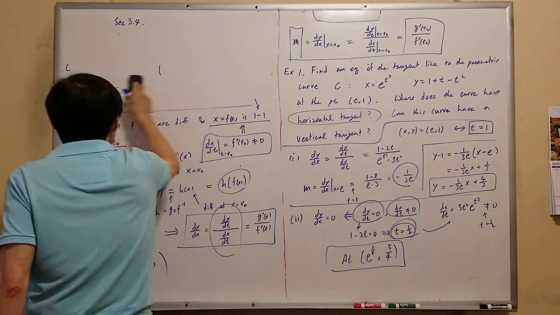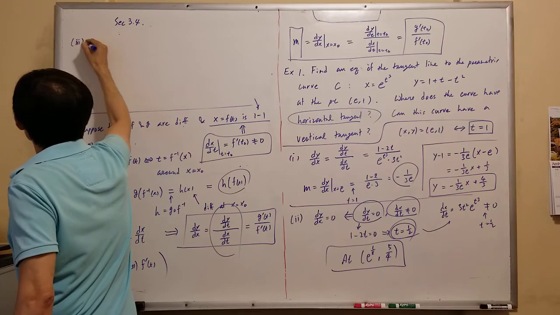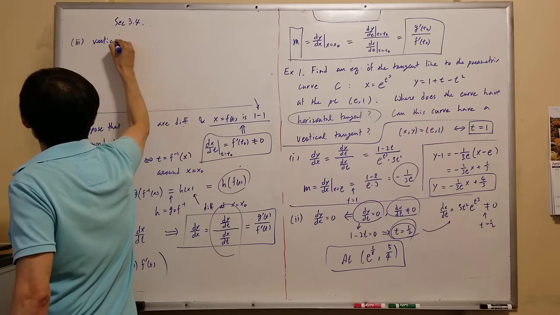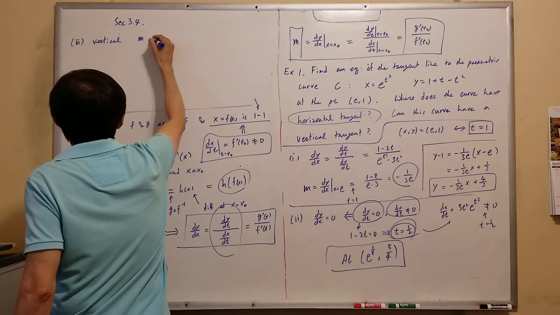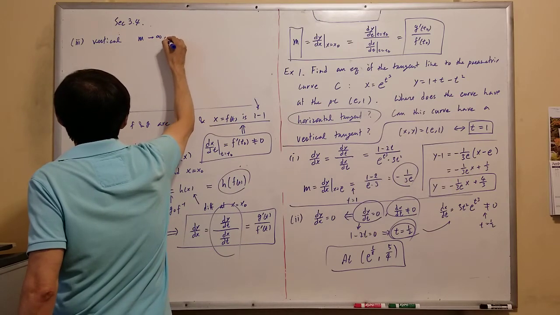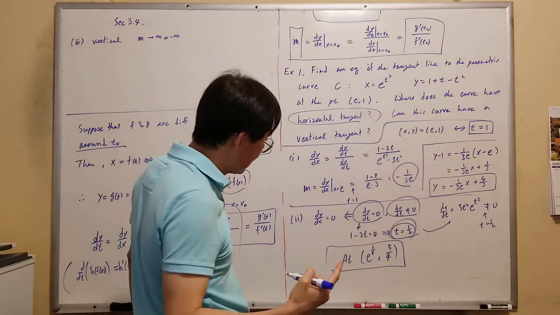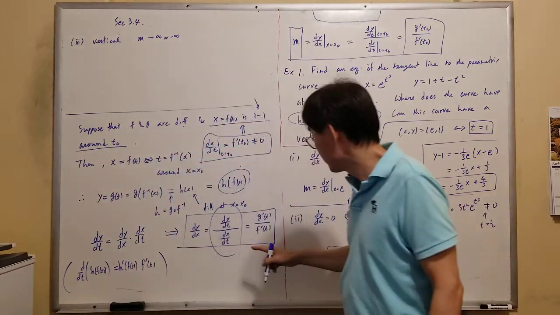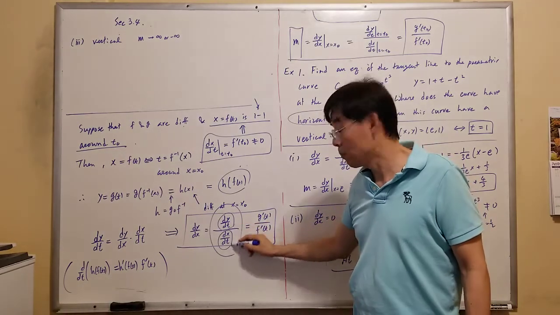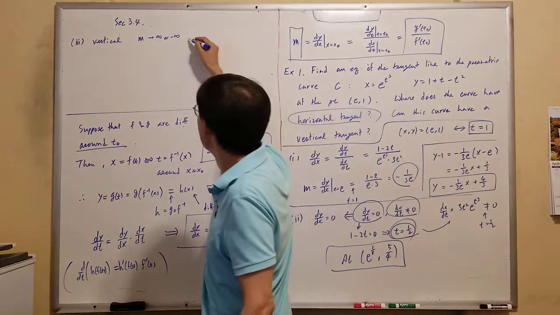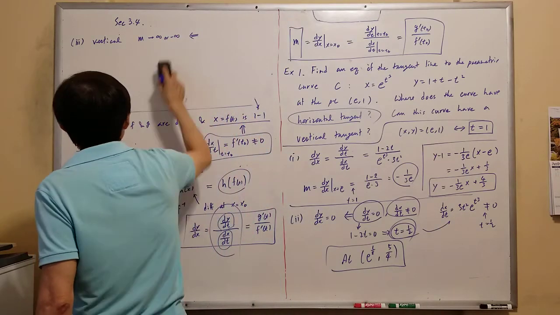What about vertical? Vertical means that m is actually going to infinity or negative infinity as you approach that point. So if this one approaches non-zero and this one approaches 0, this one happens vertical, m undefined.